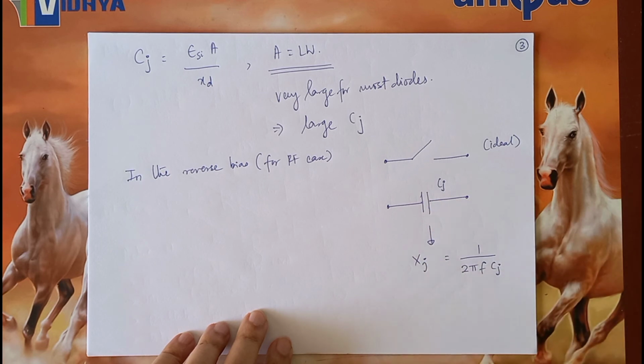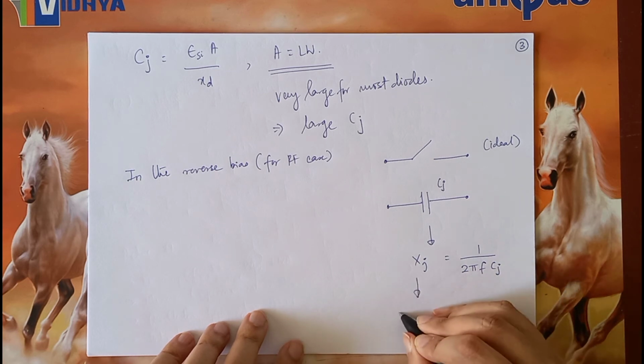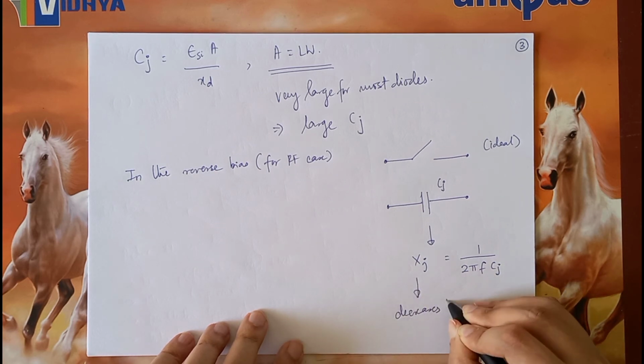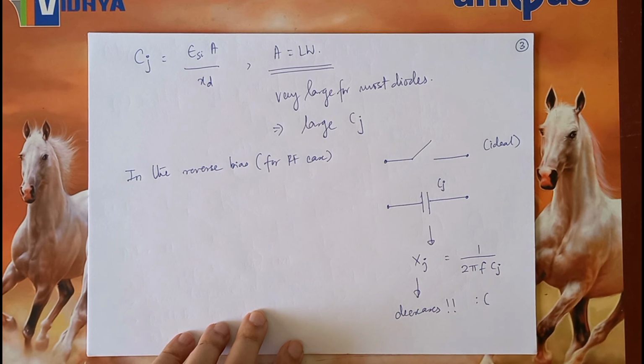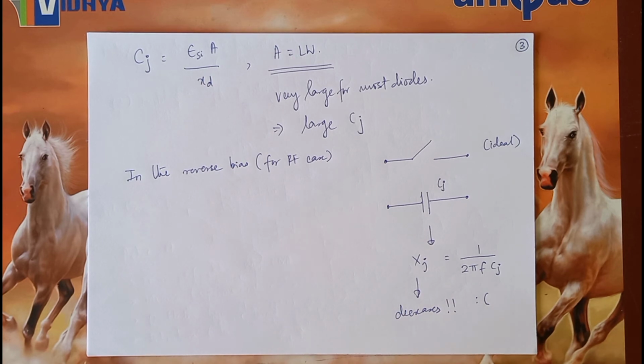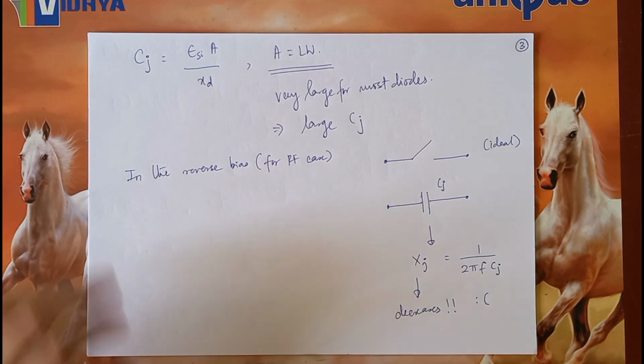It is almost a short circuit because the reactance is very low, and that is disastrous. So the standard PN junction diode is almost useless for RF signals or at very high frequencies.